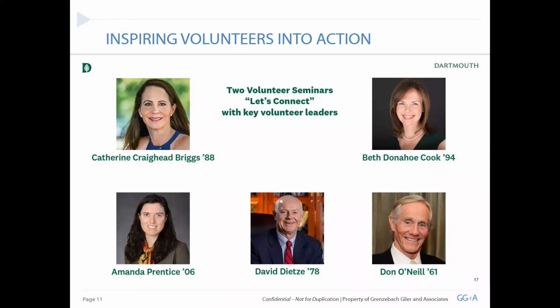Also, we maintained our regular practice of having monthly calls with individual class volunteer teams to keep them engaged. So this is a standard practice for our staff, where for classes, for those volunteers, we do check-in calls. And we found that, ironically, the attendance on these volunteer calls actually skyrocketed.